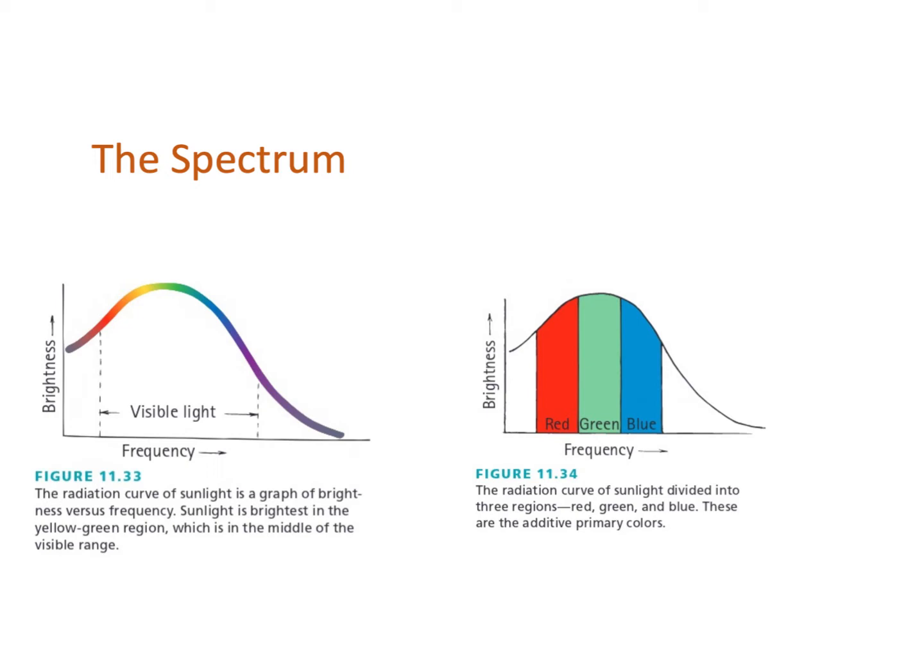Now, the reason that there are three primary colors is because in our eye, we have light-sensing cells called cones that are able to detect color. They're able to detect different frequencies, but they're only able to broadly detect three different colors, and they're the colors that correspond to red, green, and blue. So these are the colors that we can actually see with our eyes. These are the only colors that our eyes can detect.